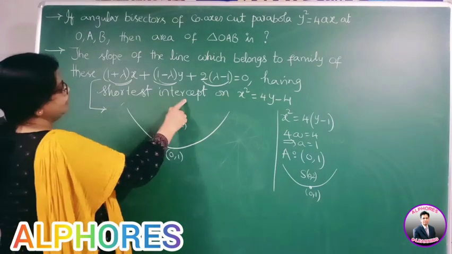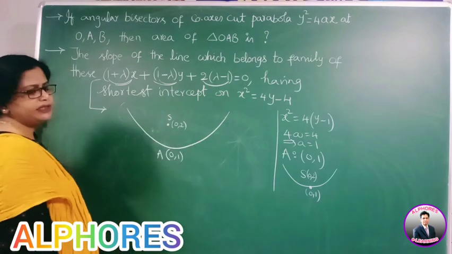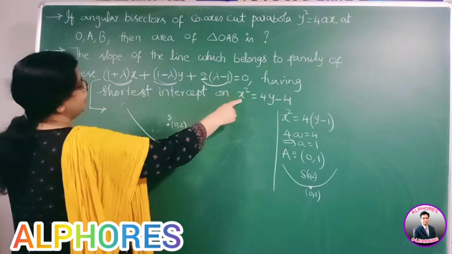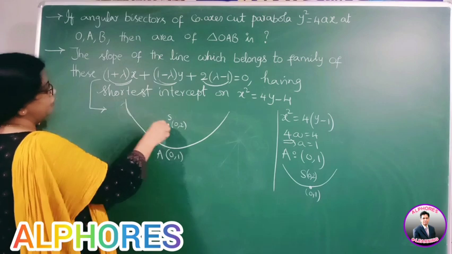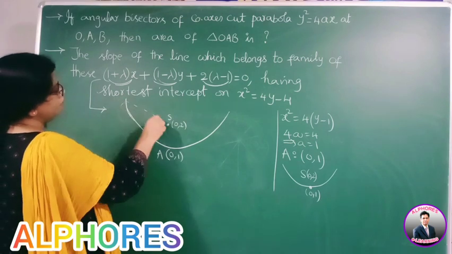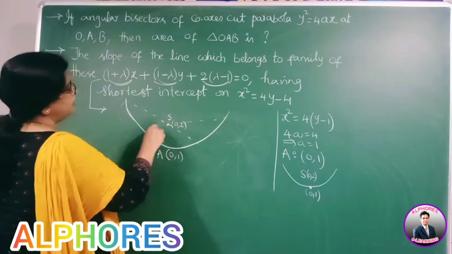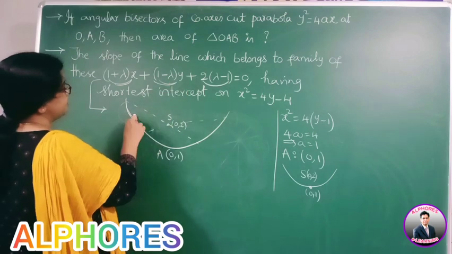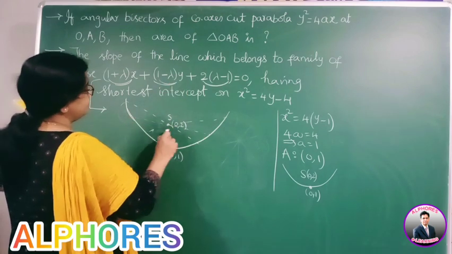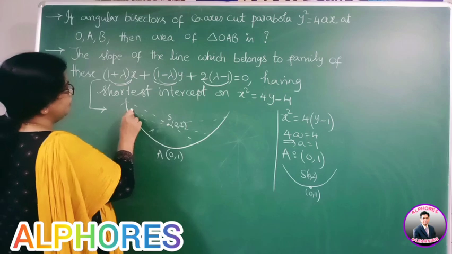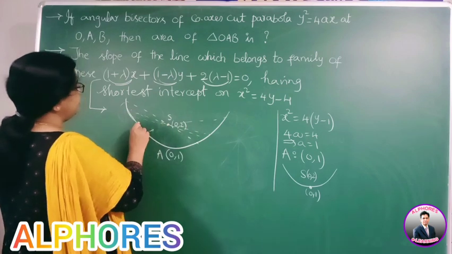Now what is the question they have asked here? The shortest intercept on this one. Understand? Shortest intercept on this one. That means through the focus many lines can pass, and this is given by our family of lines equation. So all these lines, whatever family of lines you have observed, are passing through the focus like this.